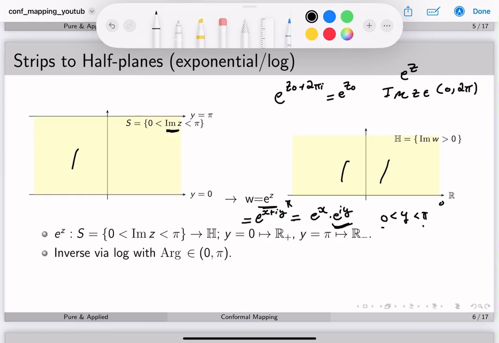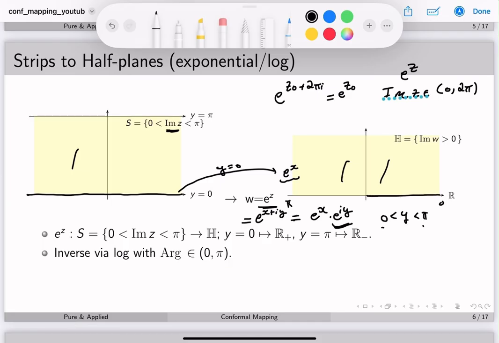But alternatively, you could simply have thought of this as a boundary problem, because this thing, which corresponds to y equals 0, maps by e of z to just e of x, since y is 0, and as x runs over the real numbers, the output is going to be this positive thingy here.